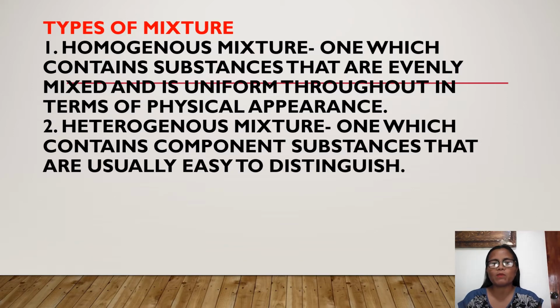So if we are going to compare the two types of mixture, in a homogeneous mixture, we cannot identify the materials that we combine. Unlike in heterogeneous, where we easily distinguish the different materials combined.